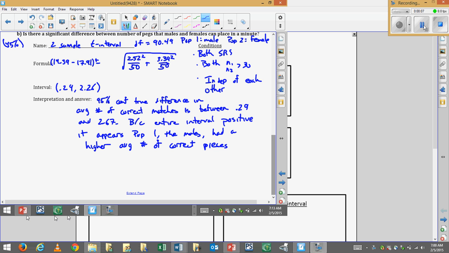So take it or leave it. I guess I'm going to go with 90. I don't even know if that's an option for me in the chart. It's not. So I'll probably go with a t star for 100 degrees of freedom, 95% confidence, which puts you at 1.984.